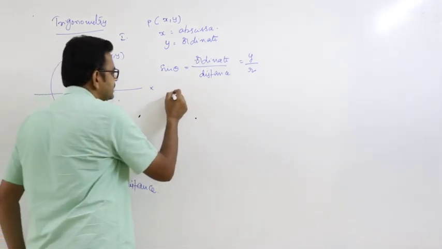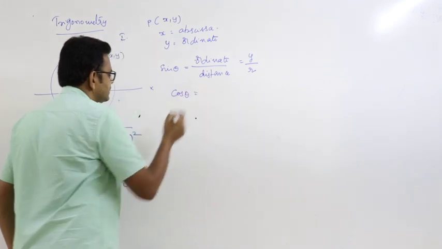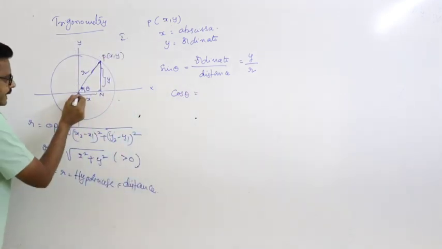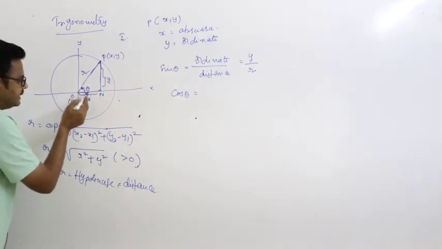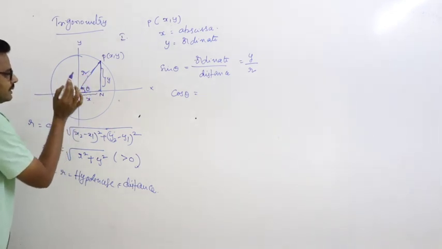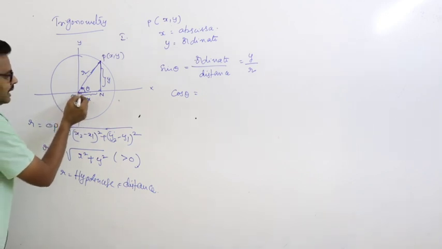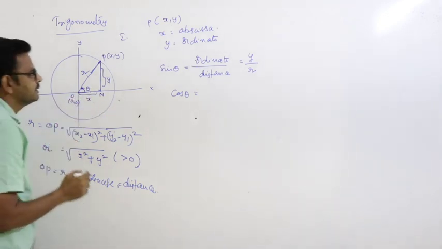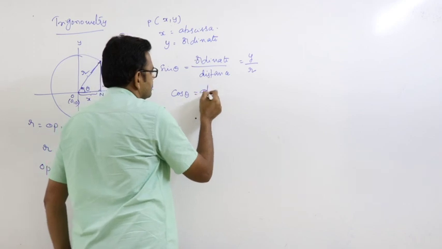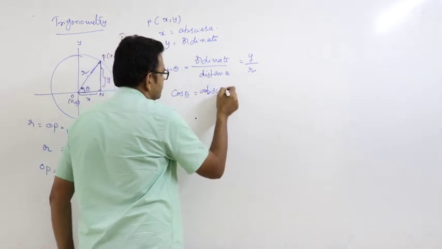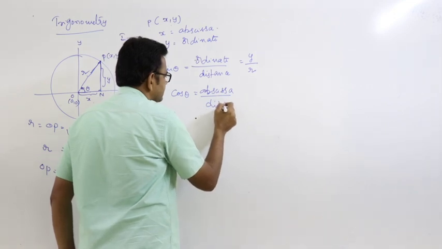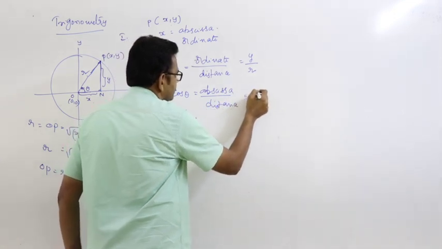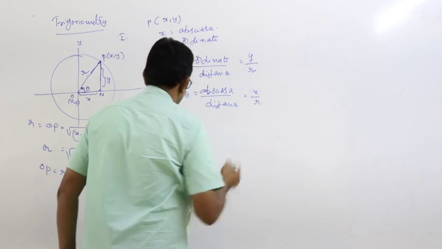And cos theta is adjacent side by hypotenuse, that is nothing but abscissa by distance, that is equal to x by r.